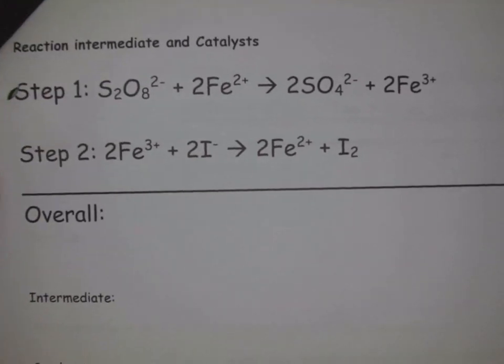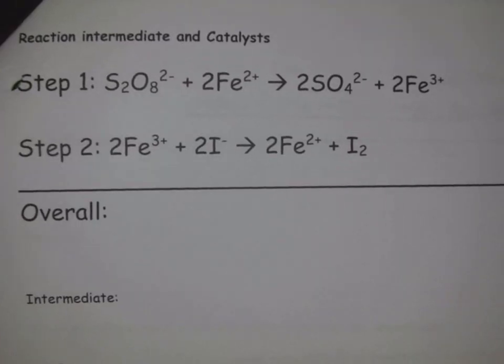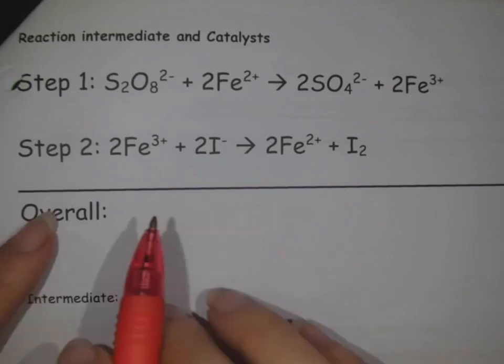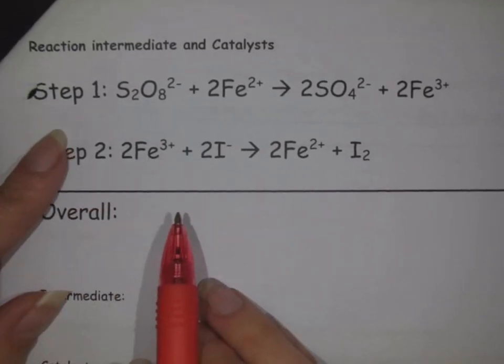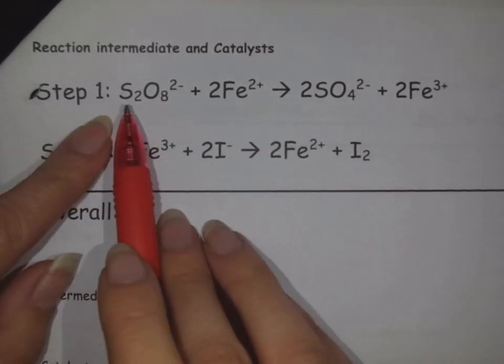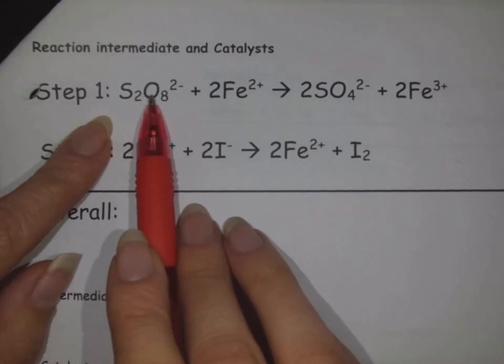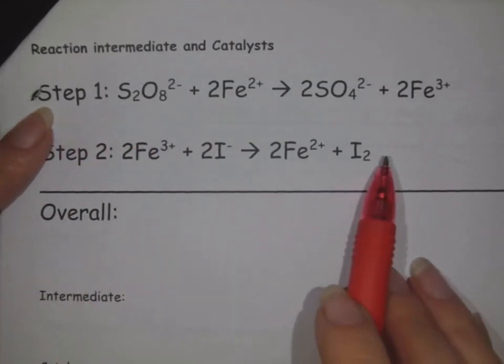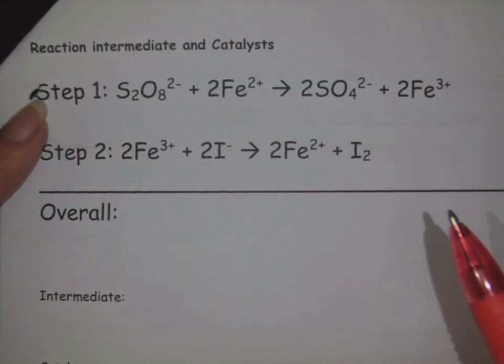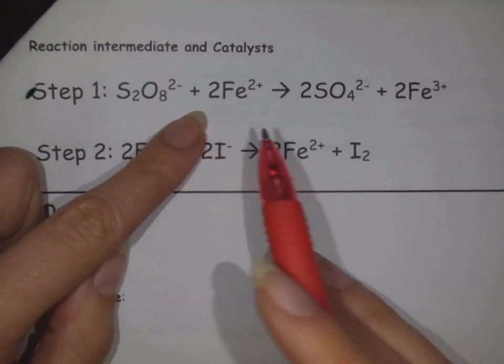Okay, so let's do an example together. This reaction has two steps in it, step 1, step 2, and we're going to see what the overall is. And so I'm looking at this, and I go, all right, this S2O8, it's not showing up over here, so that one's not going to cancel. Oh, but this one is.